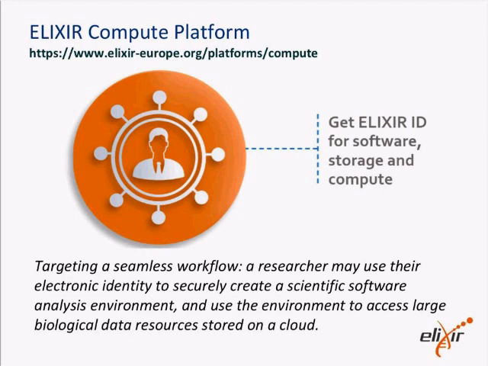So we are running a service that enables this, and the idea would be that in the long run, a researcher could use their electronic identity provided by a trusted party like ELIXIR to create scientific software environments of their liking on the target clouds and use the environment to process large biological data resources that are also maintained by the ELIXIR infrastructure.